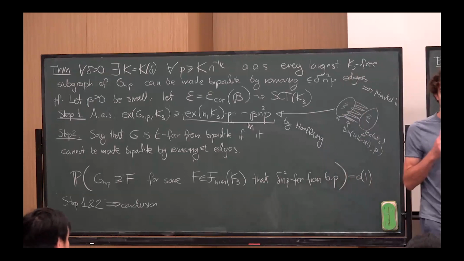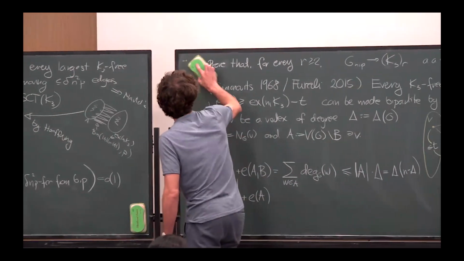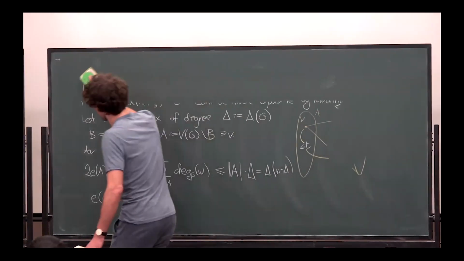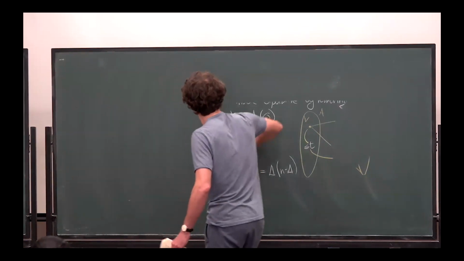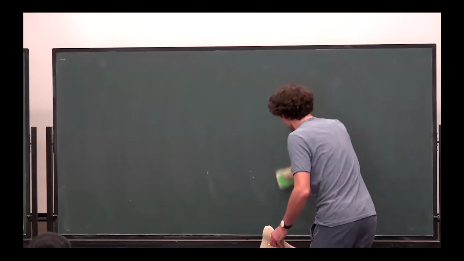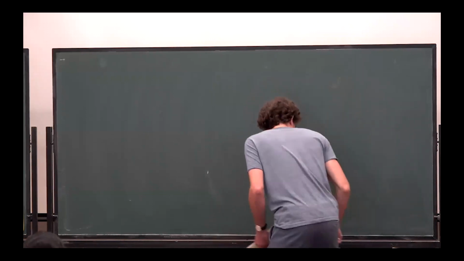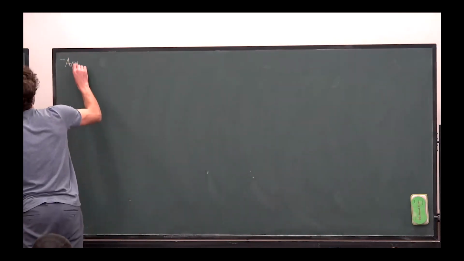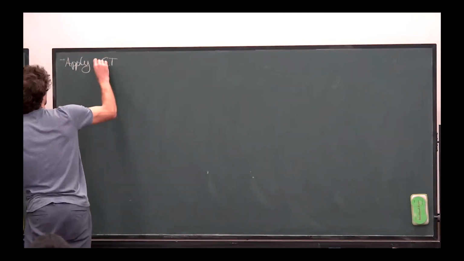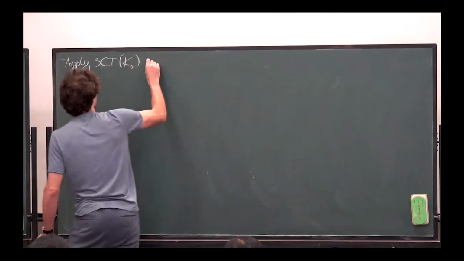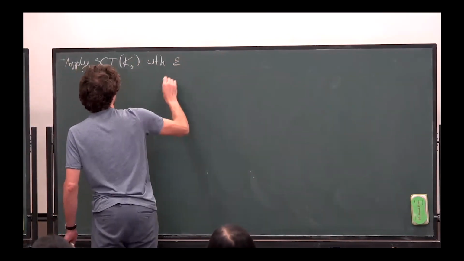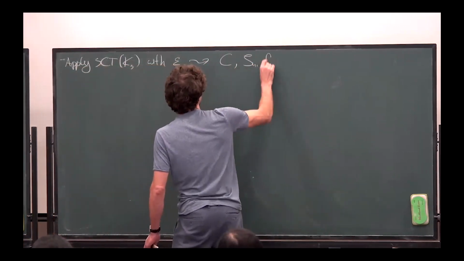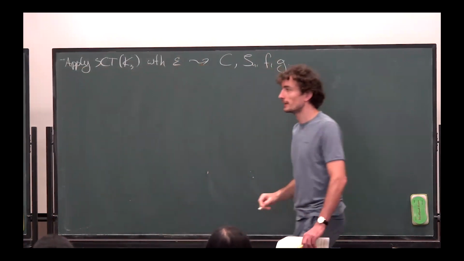So now I will focus on step 2. Let's apply the strong container lemma for triangles with our choice of epsilon to get C, S, and F and g as before.